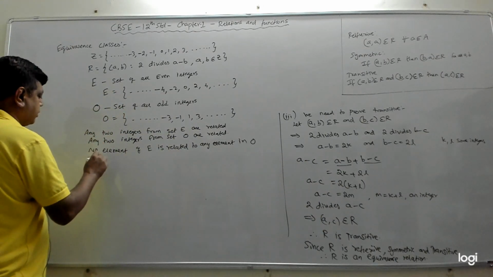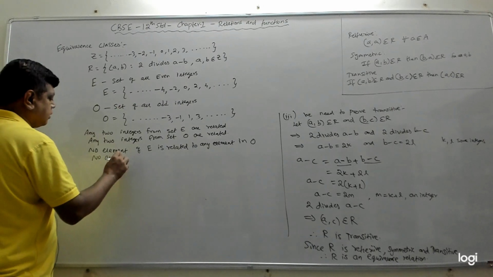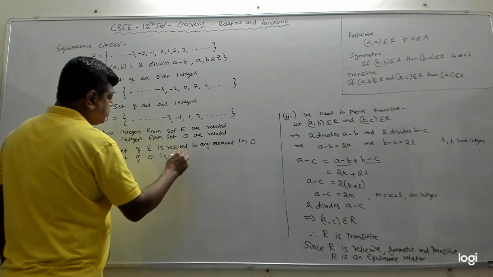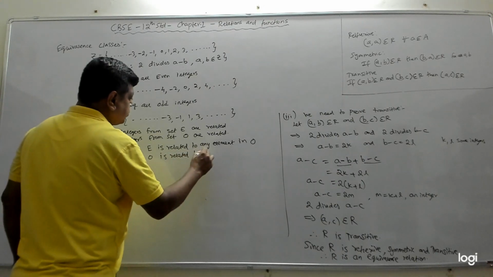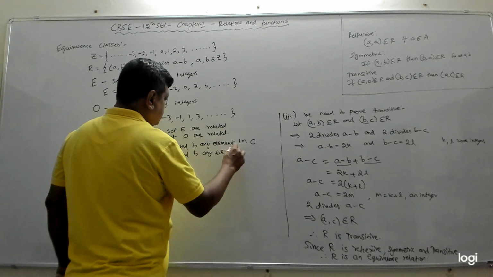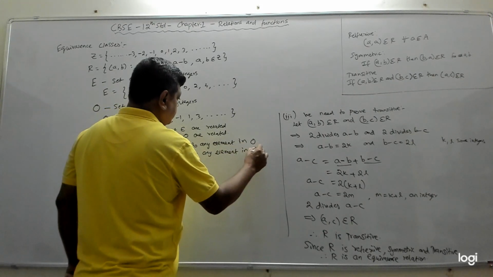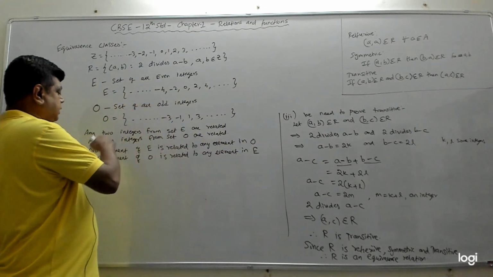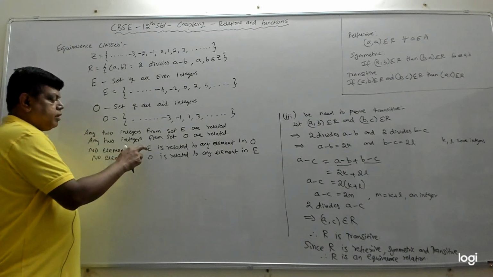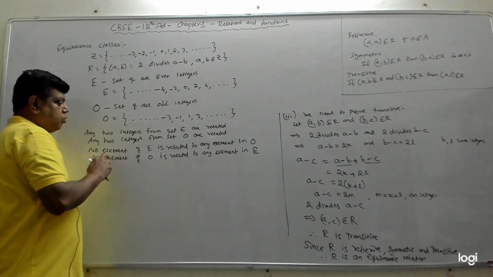And no element of O is related to any element in E. Element means number or integer. No integer in E, or no element of E.